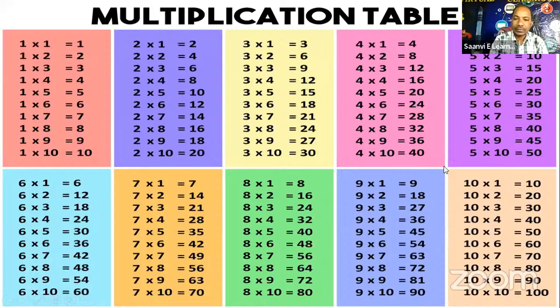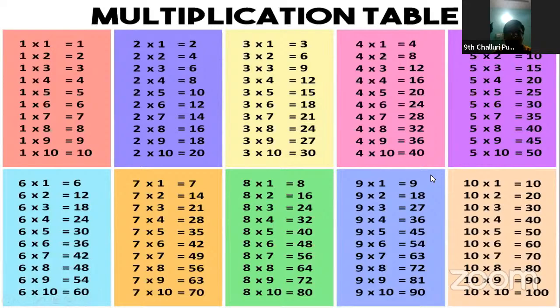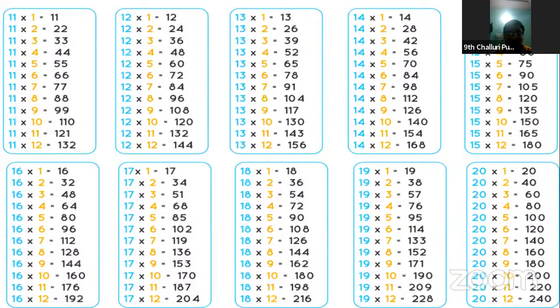Without looking, you have to recite. Okay, sir. 17 ones are 17. 17 twos are 34. 17 threes are 51. 17 fours are 68. 17 fives are 85. 17 sixes are 102. 17 sevens are 119. 17 eights are 136. 17 nines are 153. 17 tens are 170.